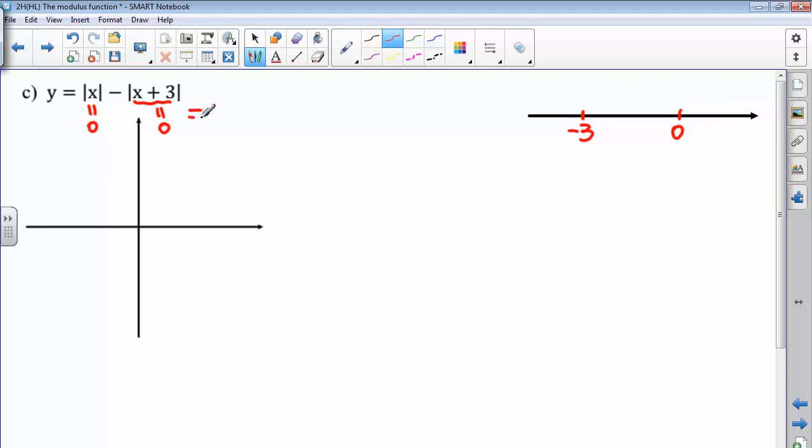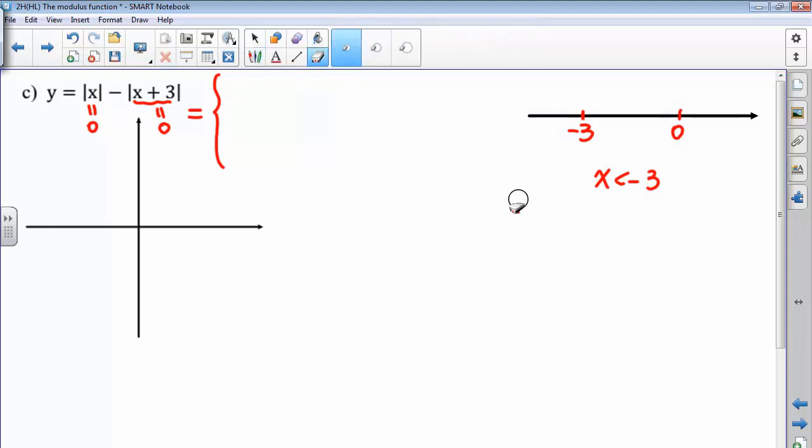So that means if I want to take off the absolute value symbols here, I need 3 pieces in the piecewise function. The first piece is x is less than negative 3. When x is less than negative 3, this one is negative. When you take off the absolute value of x, it becomes negative x. x plus 3 is also negative.